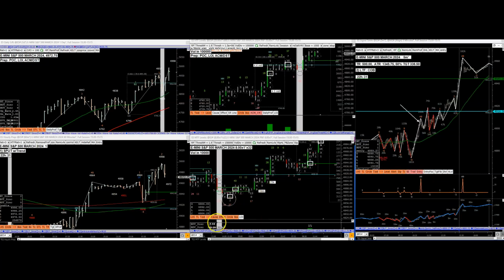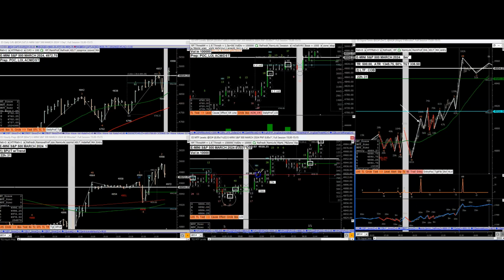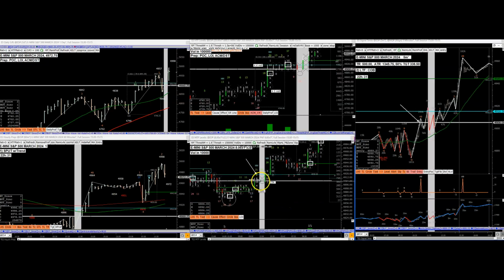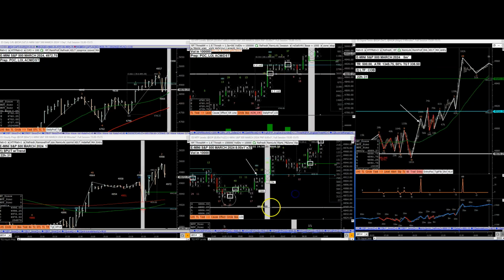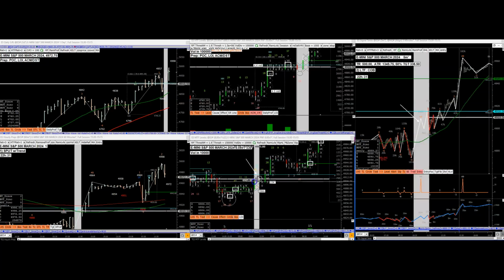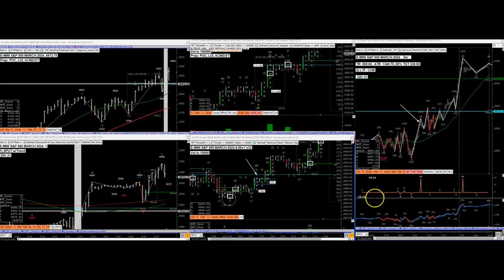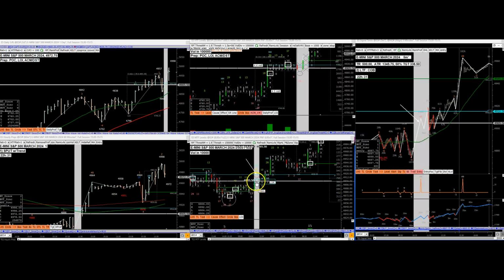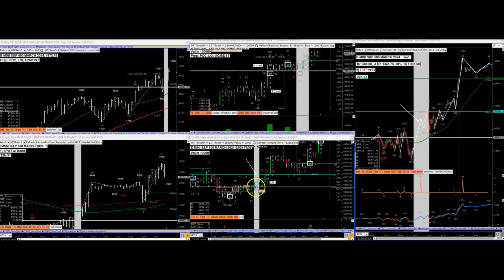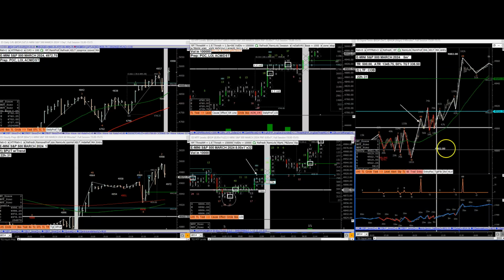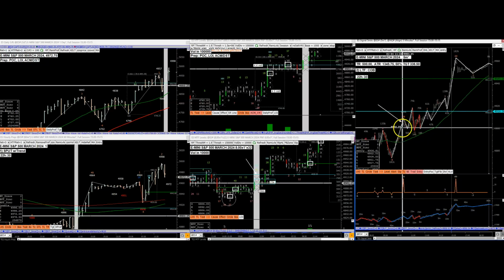Now this higher high has that 14 right there. This 14 here is the largest print in the rally. And this is why this area here on the bar chart is holding.